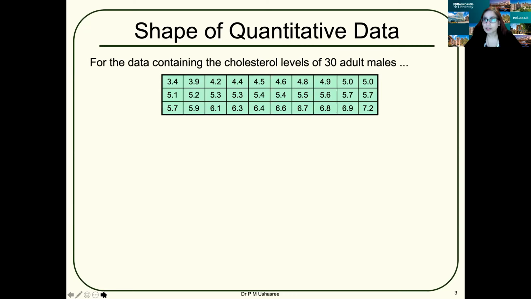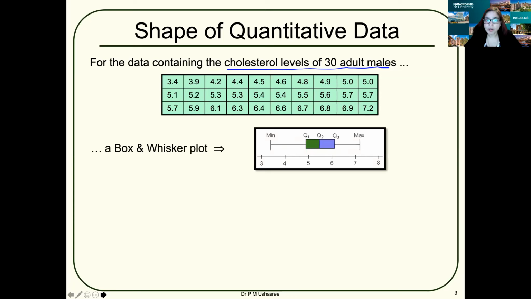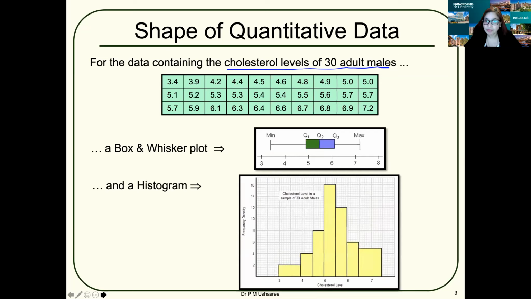Let's go back to the same example for the data containing the cholesterol level of 30 adult males, just because you're familiar with the data. We have seen how to draw a box and whisker plot for the given data, and how to draw a histogram.